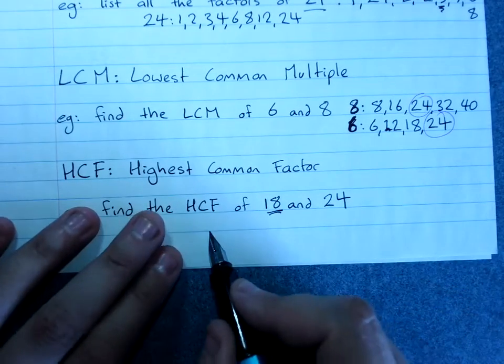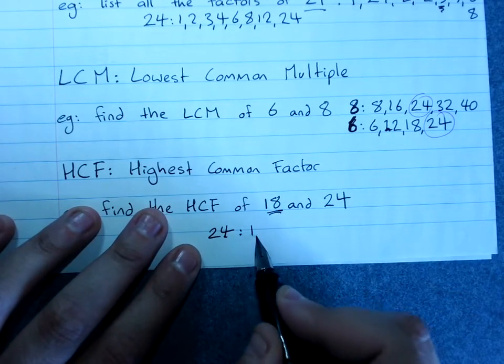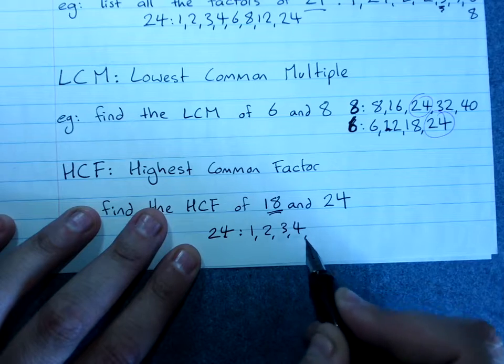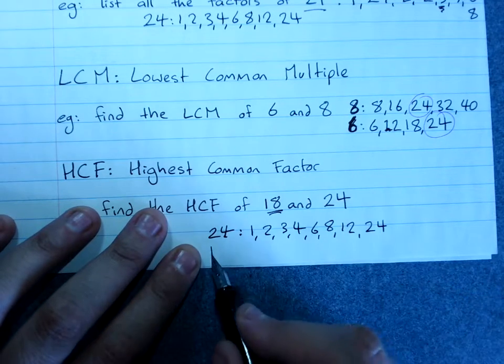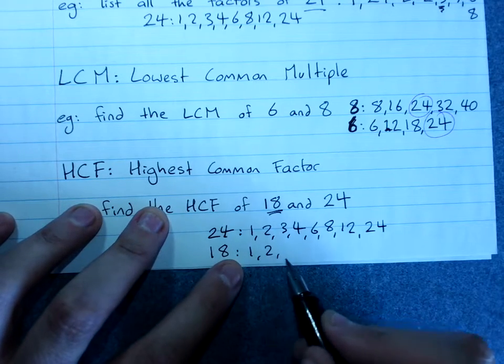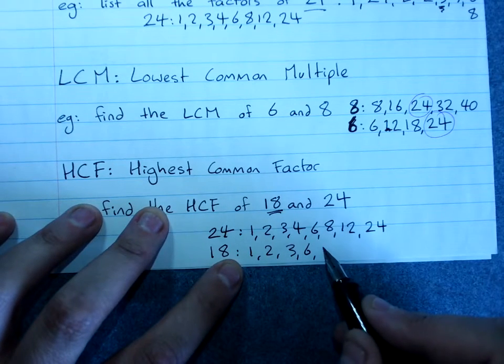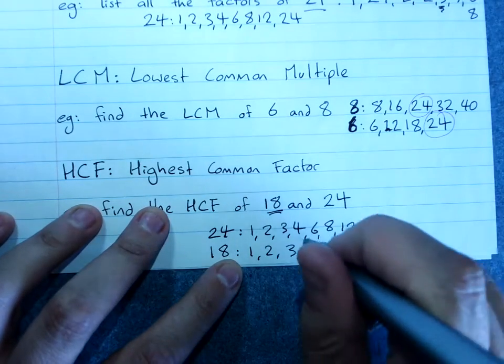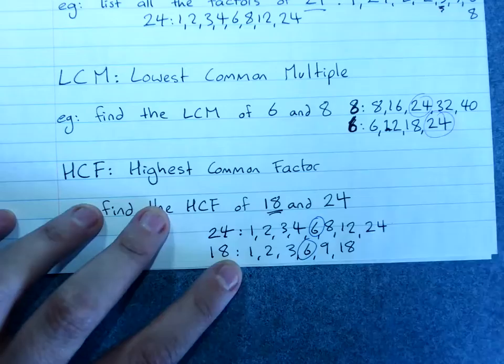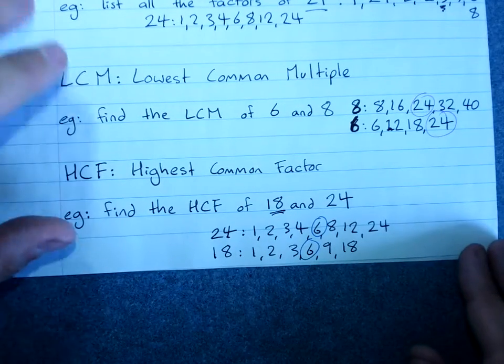We listed 24 before. List the factors of 18. And find the highest number that's on both lists. You should remember this from year 7.